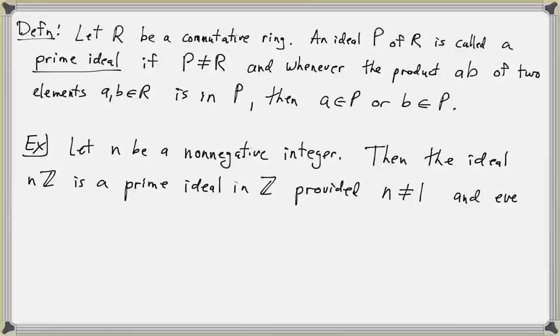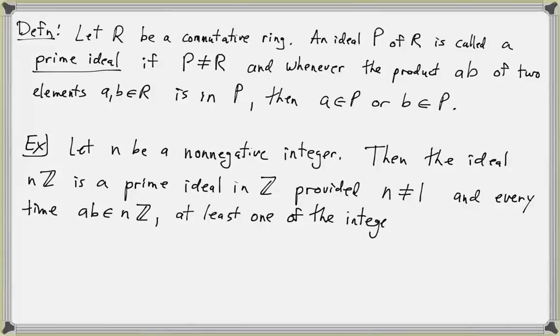And if it's going to be prime, then every time we have a product AB in this ideal, we need to have at least one of the integers A, B in the ideal nZ.